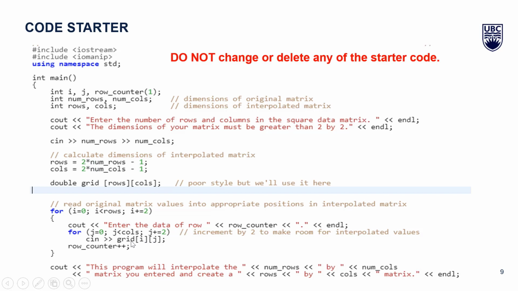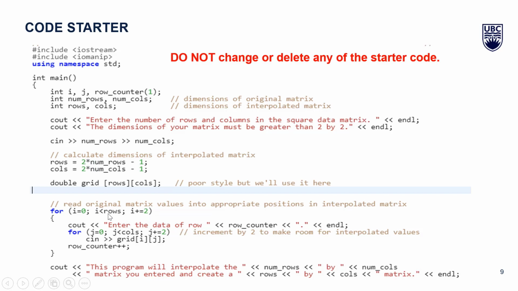Then we will increment the value of j by 2 and return back to check this condition, and we will enter the value of point 2 by 2, and we will repeat this until this condition is not satisfied. After that we will increment the value of row_counter to be 3 and return back to increment the value of i by 2, and check this condition.